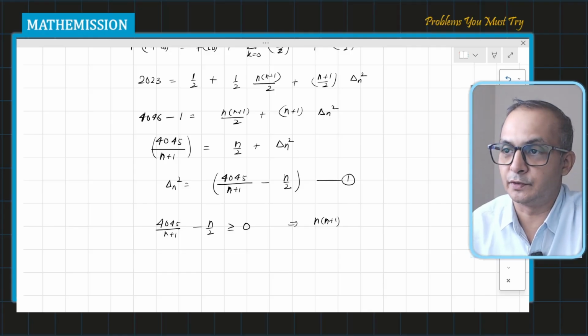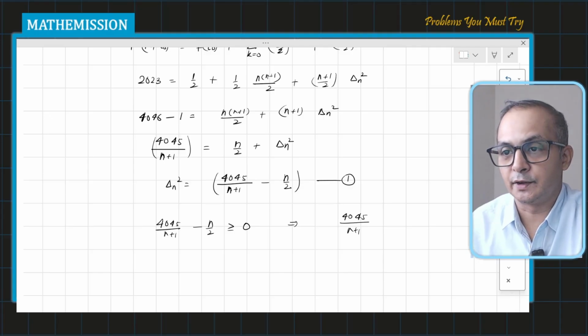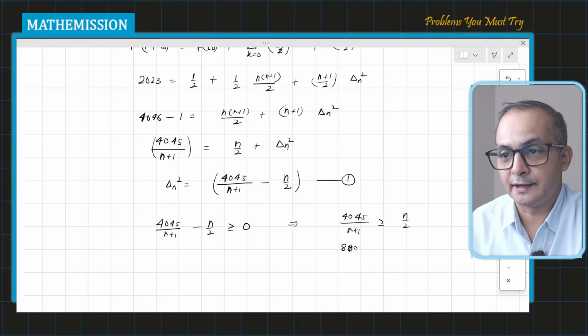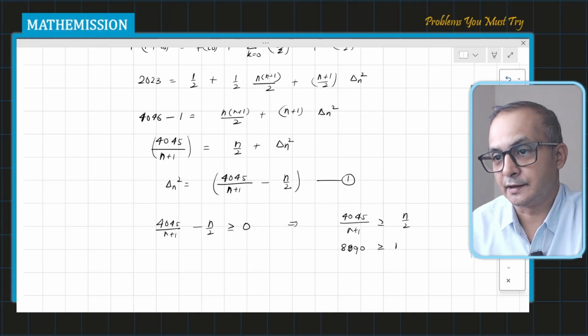Let me write it, I'm very bad at calculation: 45 by n plus 1 is greater than or equal to n by 2, so that is going to be 90 is greater than or equal to n into n plus 1.